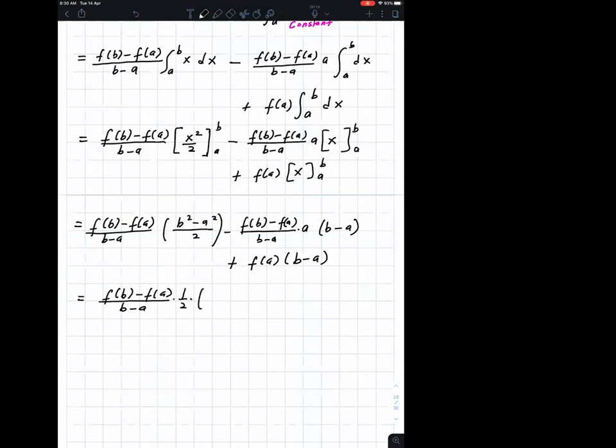Then you have B minus A into, actually all of them can come outside, B minus A, B plus A. Okay, for the first term.